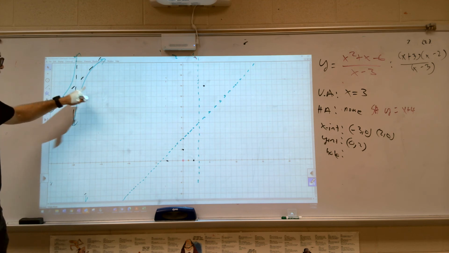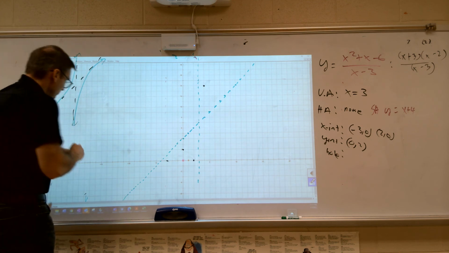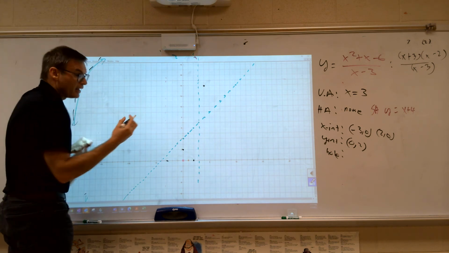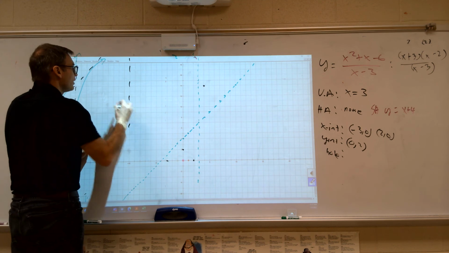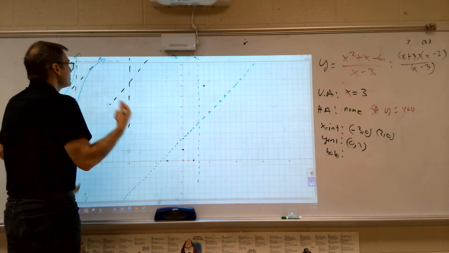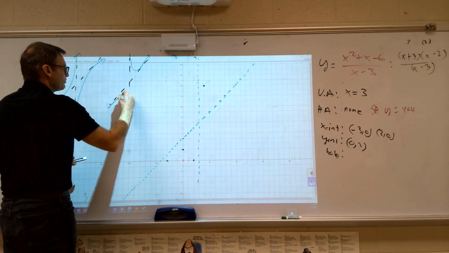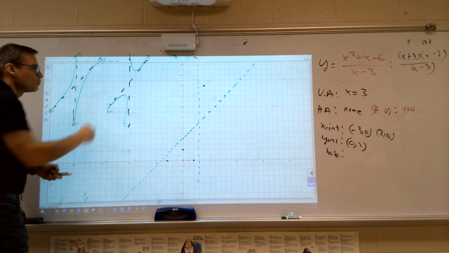Sometimes you get the graph in the 2 sort of big parts. Sometimes, if you've got a vertical asymptote and a slant asymptote, you get a picture where the graph is in the 2 small parts.